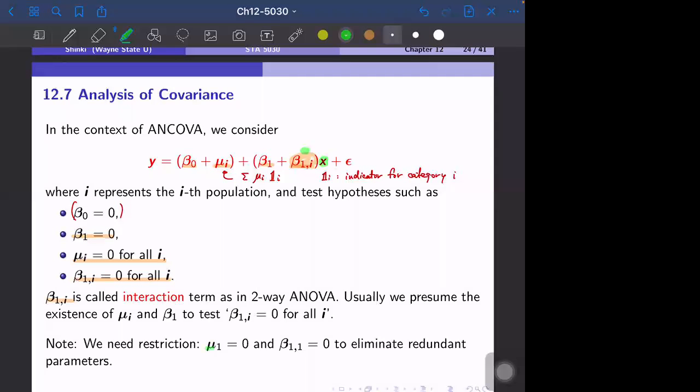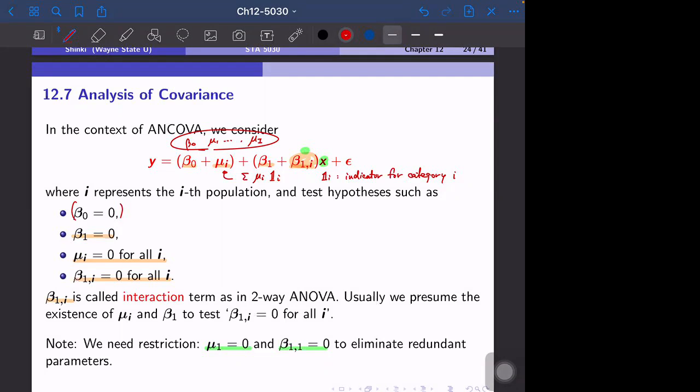So usually we set mu 1 equal to 0 and beta 11 equal to 0. Otherwise, we have too many parameters. If we have I categories, then with beta naught and mu 1 to mu capital I, we have basically I plus 1 intercepts for I groups, so we have too many parameters.